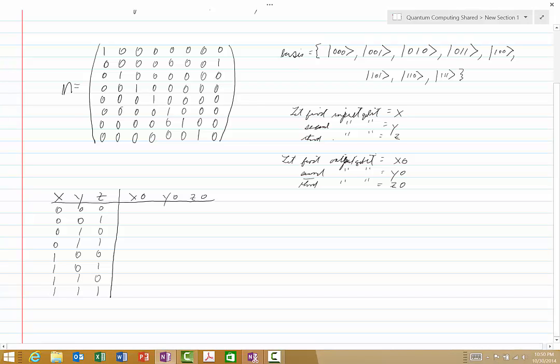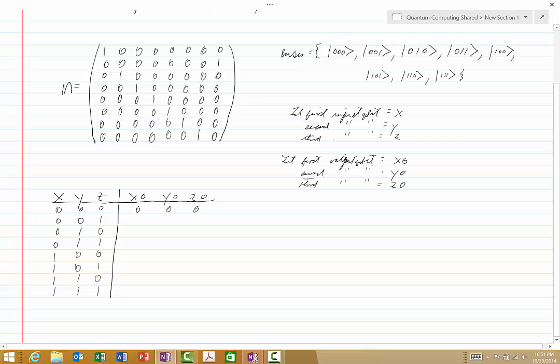And so when the input state is 0, 0, 0, okay, we're in the first column. And we see that the image of that is this vector, 1 and then 7 zeros, which corresponds to the 0, 0, 0 state. So when we input the 0, 0, 0 state, we get out the 0, 0, 0 state.